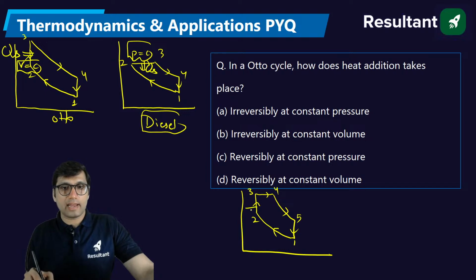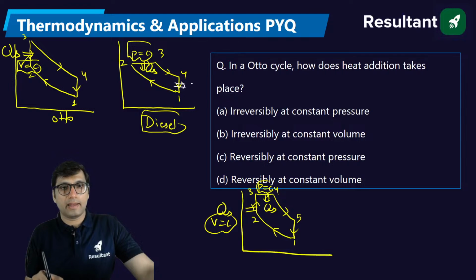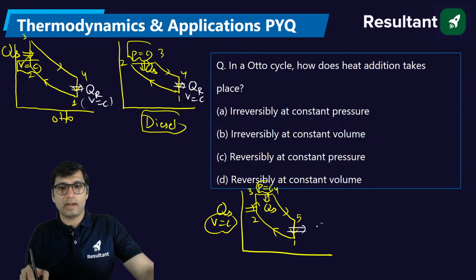In the dual cycle, the heat is supplied at constant volume and constant pressure. But if asked in the exam how heat rejection takes place, in all three cycles, heat rejection takes place at constant volume.